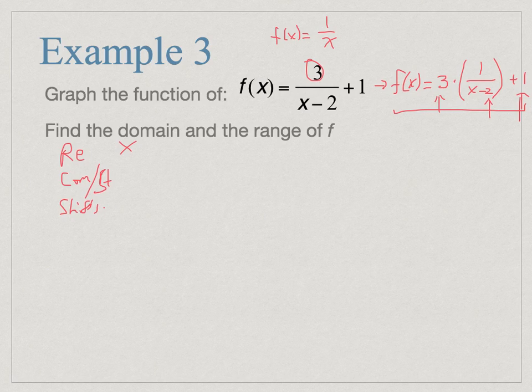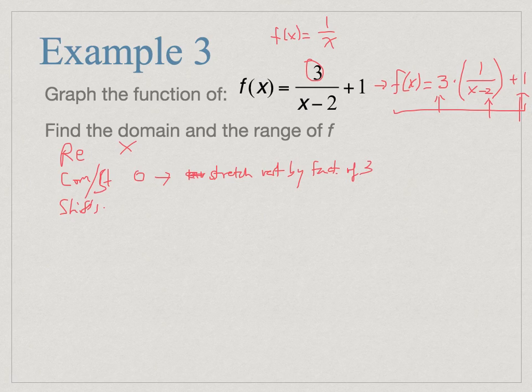Okay, so are there any reflections? No. Are there any compressions or stretches? Yes, there are. Which one is it? Because of the 3, we're going to multiply, or stretch, vertically by a factor of 3.